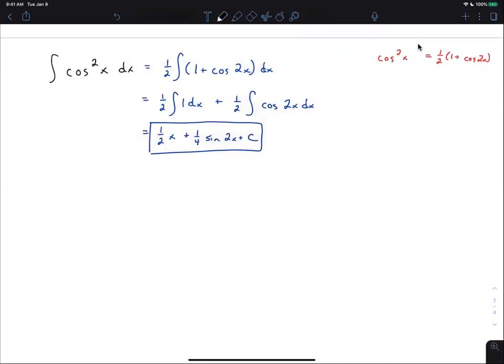All right, so the next one I want to look at is actually cosine to the fourth. And this is on the PDF for powers of sine and cosine, and it is number 8.